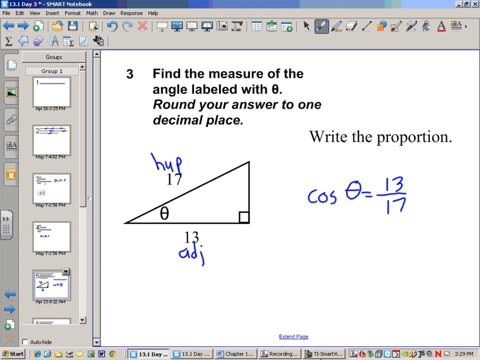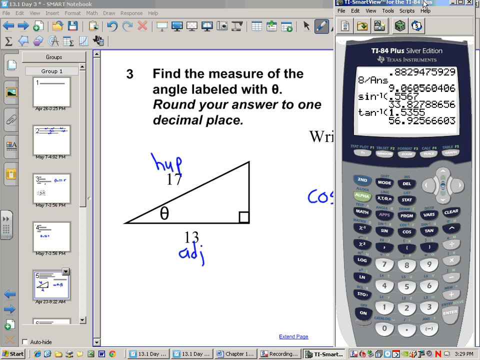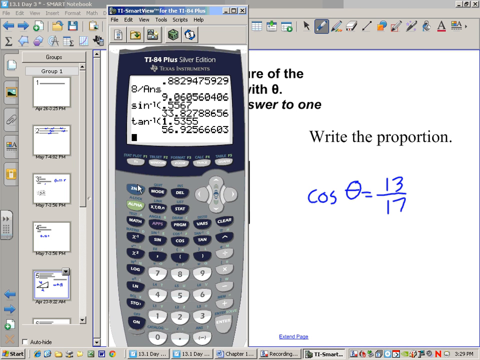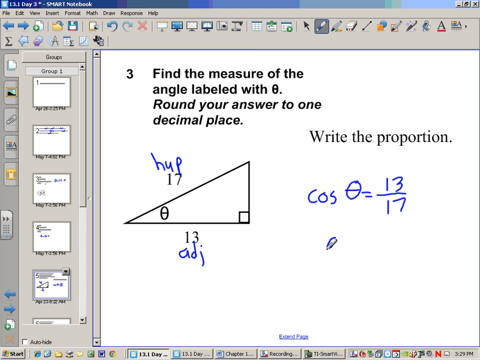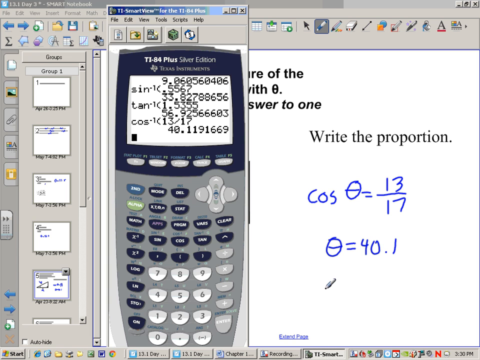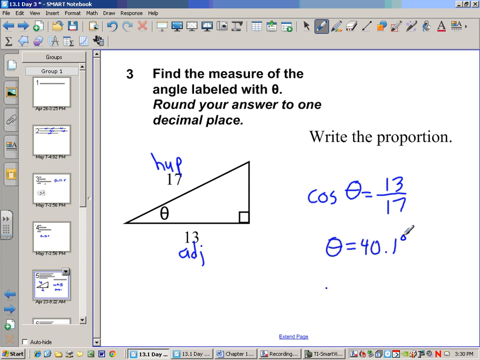Now to find this angle, I can just go to my trusty calculator and press second cosine, 13 divided by 17, hit enter, and theta is going to be 40, was it 0.1? Yes, 40.1 degrees is our correct answer.